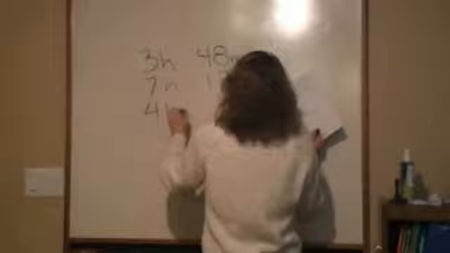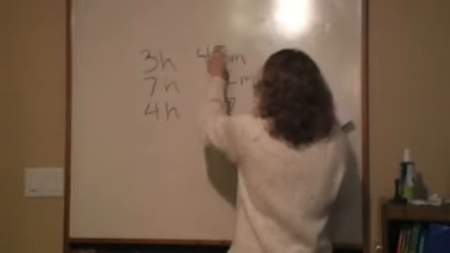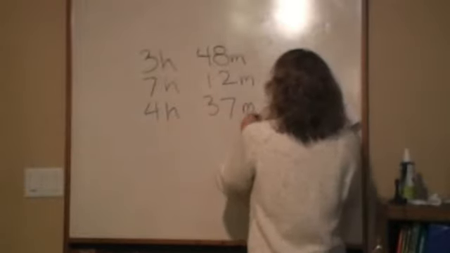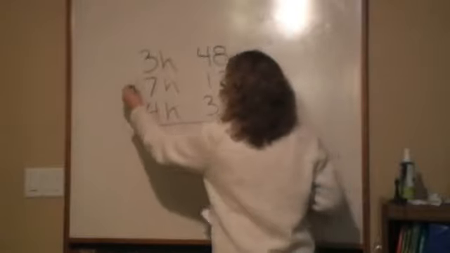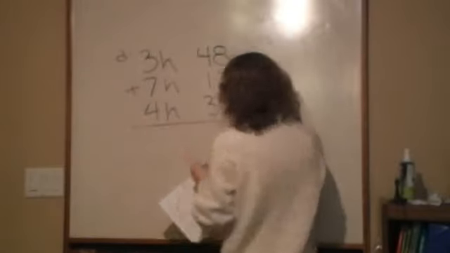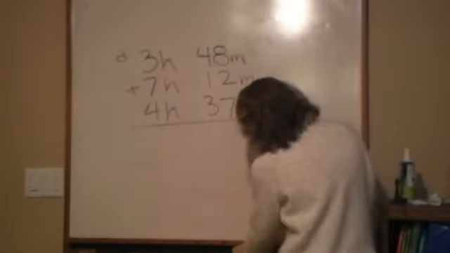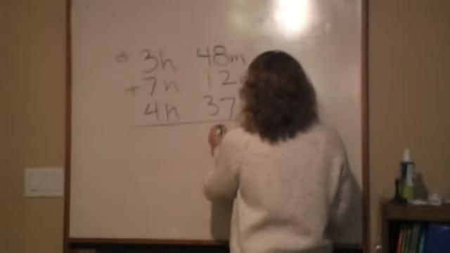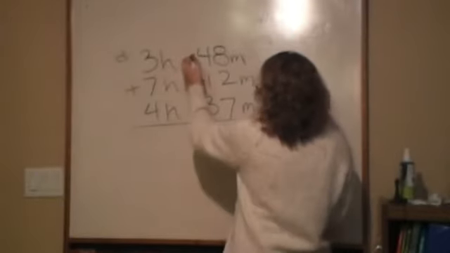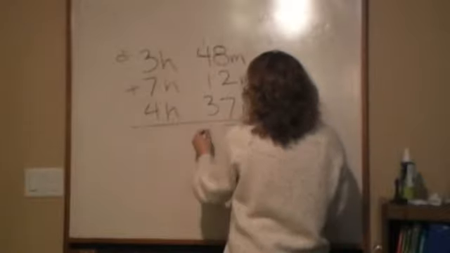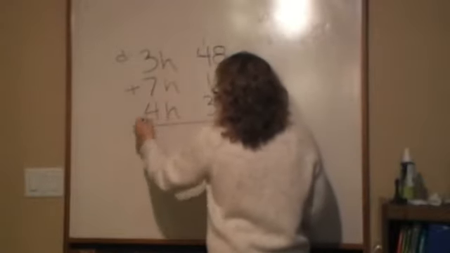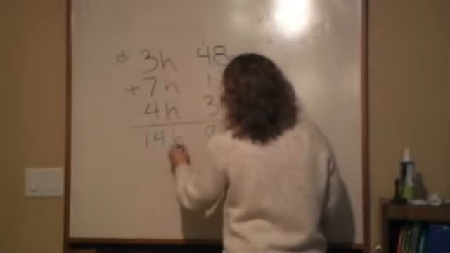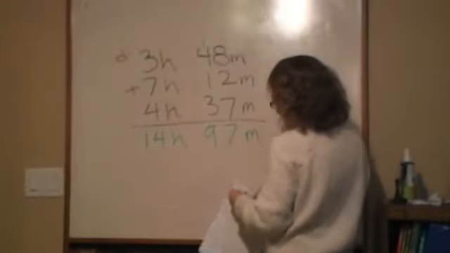And then what we do is we take any extra hours from all these minutes and move them to the hours side. This is D. So let me add these real quickly. This is 17. 6 and 3 is 9. This is 14. 14 hours and 97 minutes.